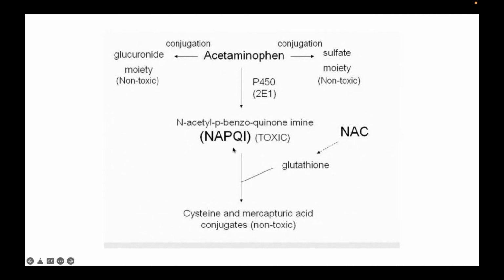This is the toxic metabolite that causes all the liver injury. You use glutathione in the process of getting rid of this NAPQI, and this is why N-acetylcysteine, which repletes glutathione, is used to shunt all the NAPQI into non-toxic conjugates in the liver, or away from the liver, eventually into the urine.